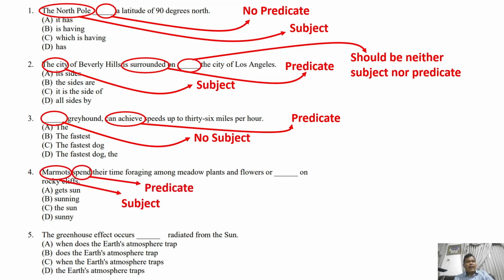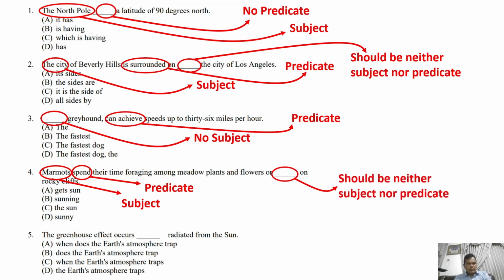In question number 4, we already have here the subject and also the predicate. So we have here actually a complete structure, one subject and one predicate. However, this sentence also needs to be completed.